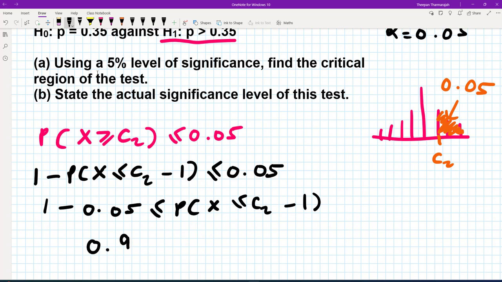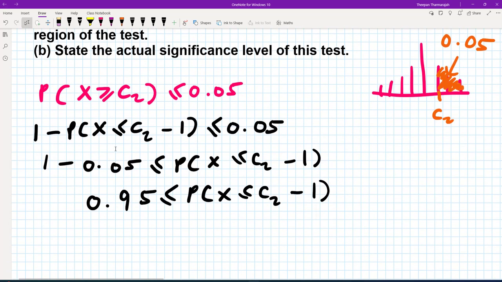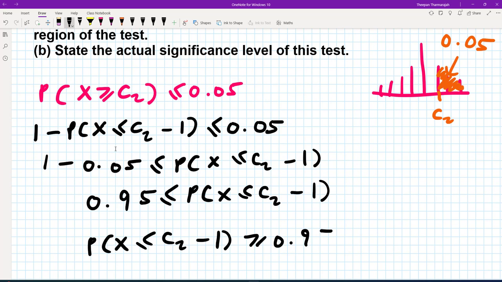So we get 0.95 is less than or equal to the probability that x is less than or equal to C2 minus 1. In other words, the probability of x being less than or equal to C2 minus 1 is greater than or equal to 0.95.